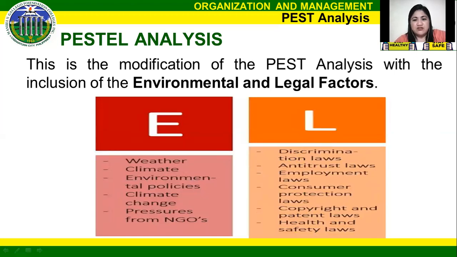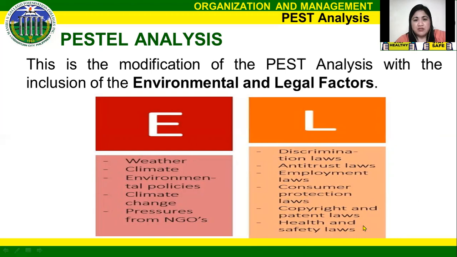Next is yung mga laws. Ayan, yung mga laws na i-implement, kasama din yung tax na sinabi ko kanina. So you have examples like discrimination laws, antitrust laws, employment laws, copyright and patent laws. Kung ikaw ay nangopya ng disenyo, nagnakaw ng design, nagnakaw ng recipe, kasama yan.